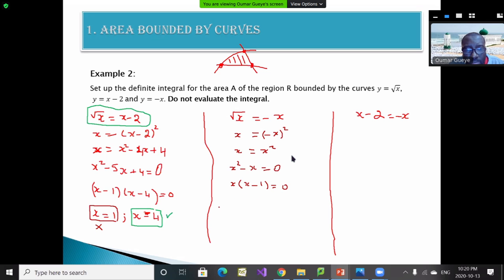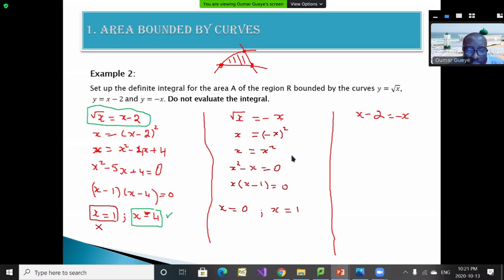And again, here we have two solutions. The first one is x equal to 0, and the second one is x equal to 1. Again, since my initial equation involved a square root, I have to double check. When I substitute x by 0, you can see I'll get root of 0 equal to 0, equal to minus 0.